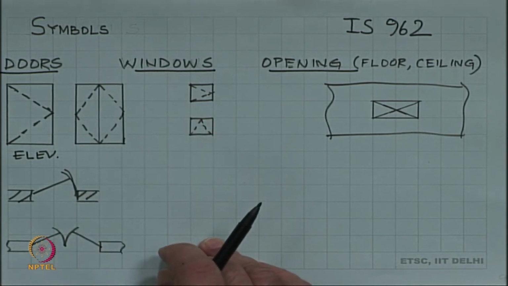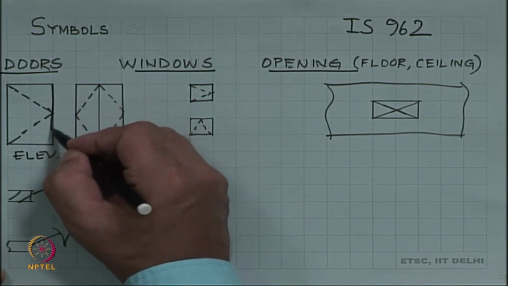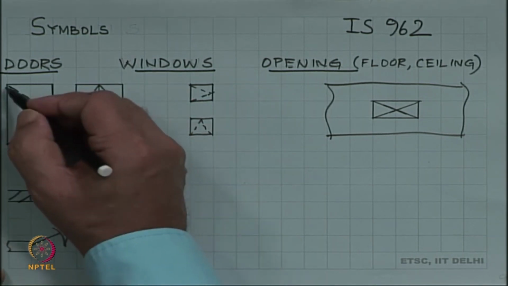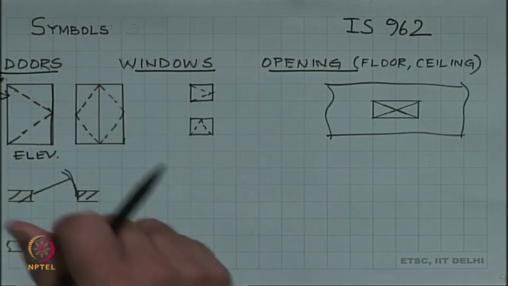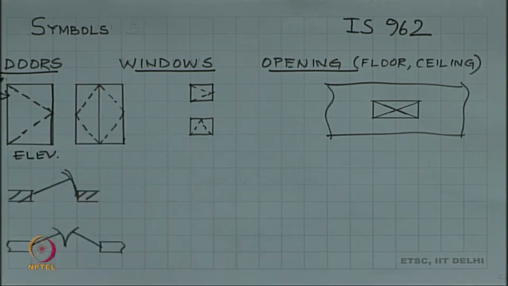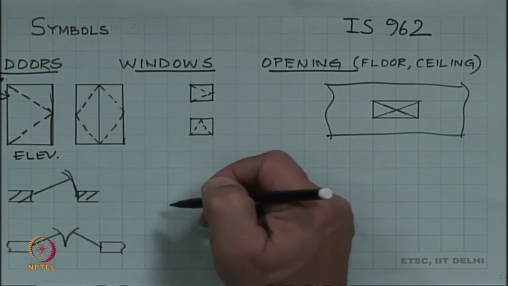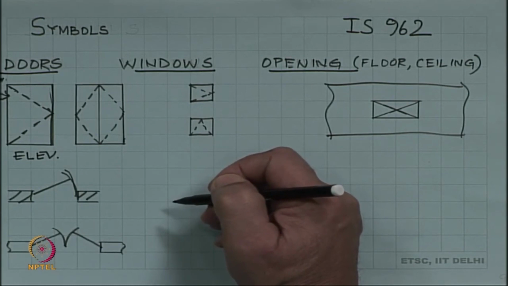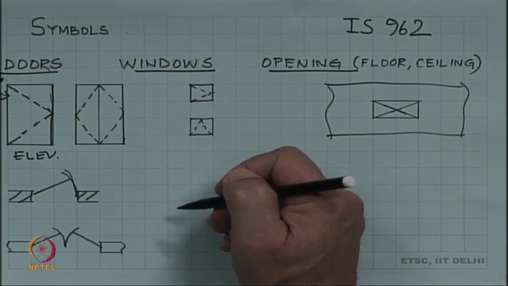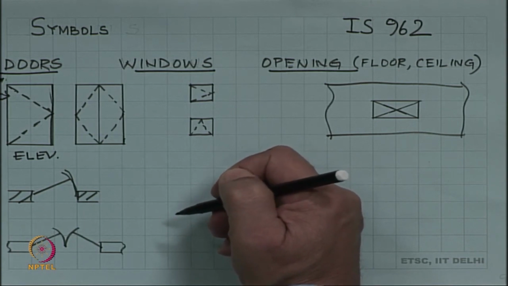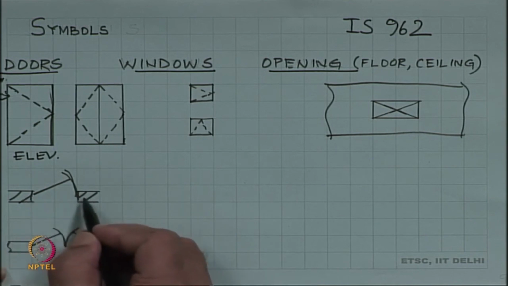So, what it tells us is that when we are looking at this door, this part of the door is hinged and this edge can go normal to the plane of the paper. So, the door opens about this axis. Now, it could open only inside, that is called a swing, or only outside, or both sides. So, that is the symbol for the swing part of it.